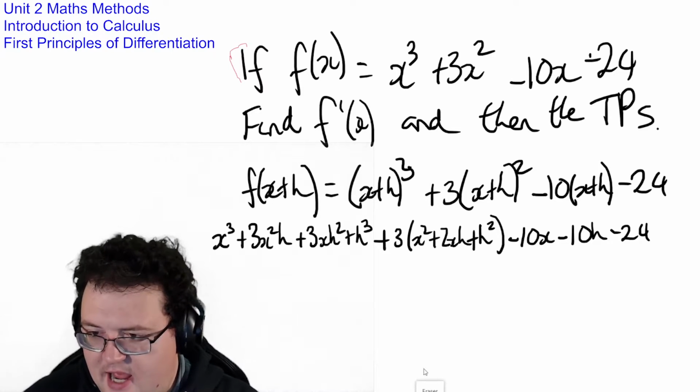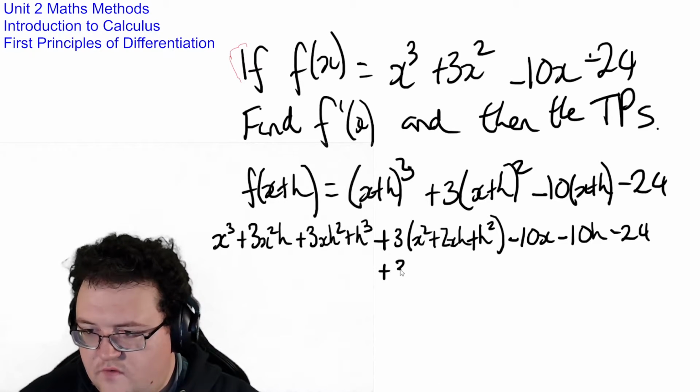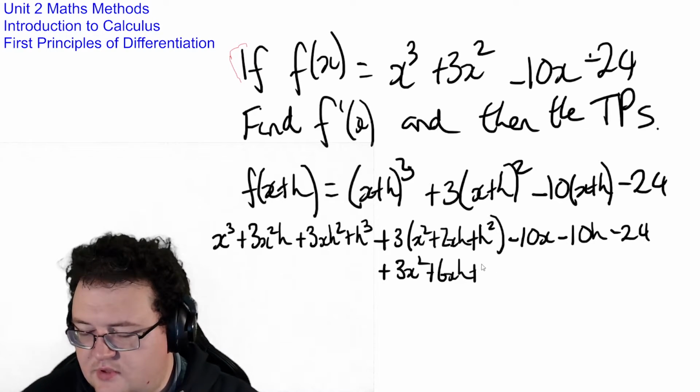Expand that out to 3x squared plus 6xh plus 3h squared.